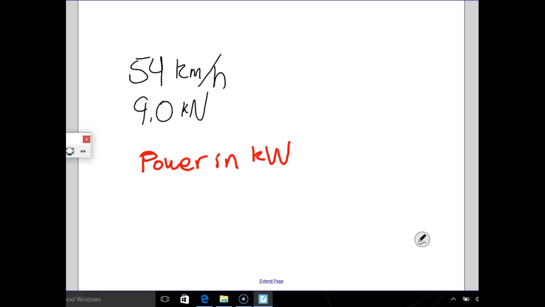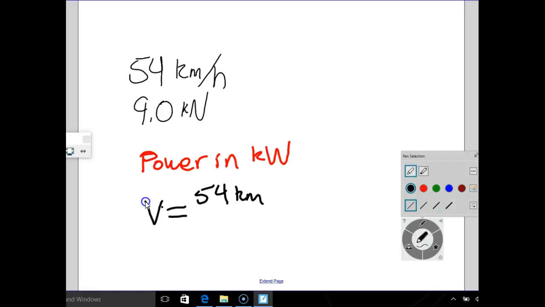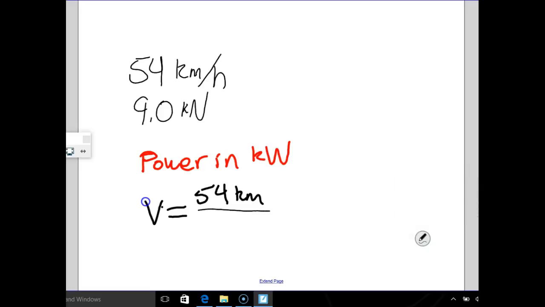So all I have to do is plug in my numbers, but first I have to convert them. So let's make this velocity into meters per second. So velocity, we have 54 kilometers over 1 hour. Alright, so let's change kilometers into meters. To get rid of kilometers, we have to put it on the bottom.